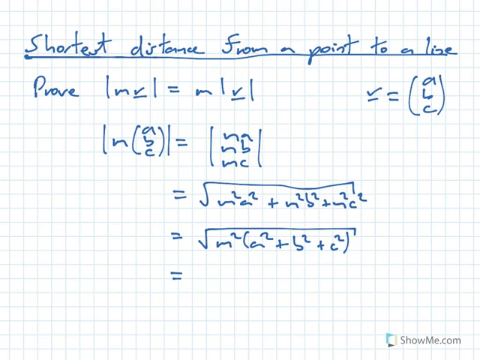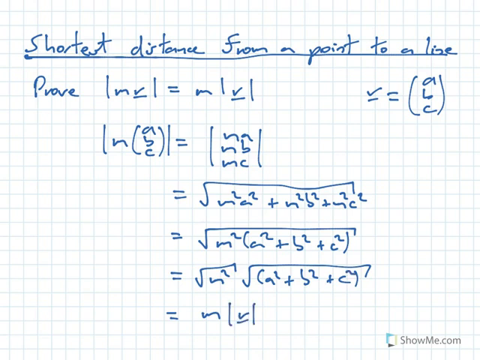It's the product of m squared and the bracket, and we know by our surd laws that means we can write this as the square root of m squared times the square root of a squared plus b squared plus c squared. The square root of m squared is m, and the square root of a squared plus b squared plus c squared is just the magnitude of r. Proved. Good.